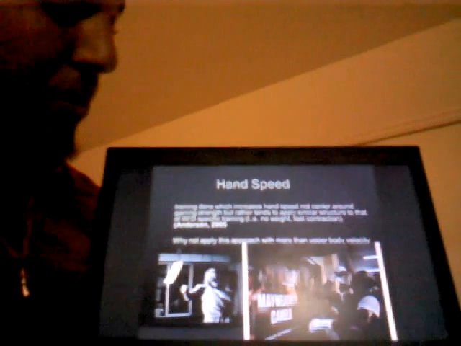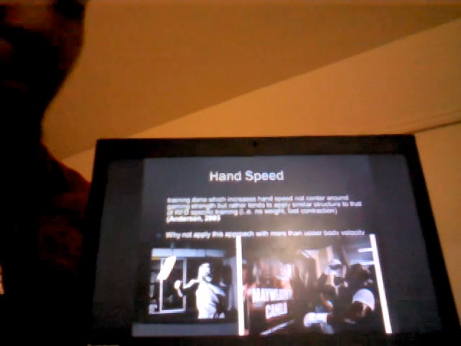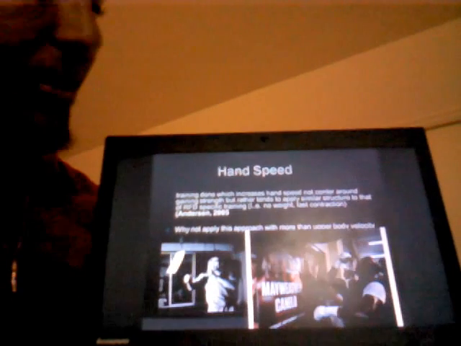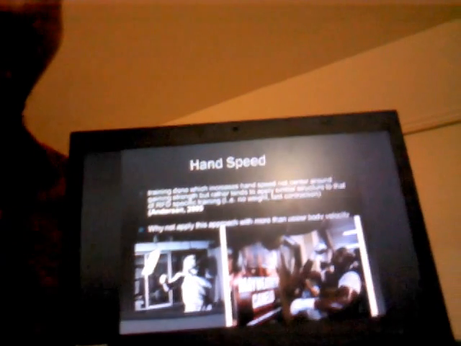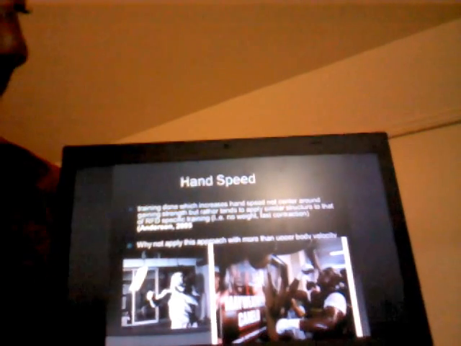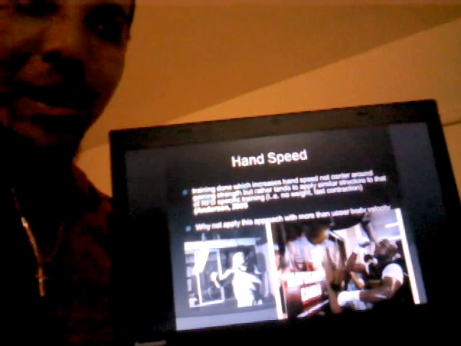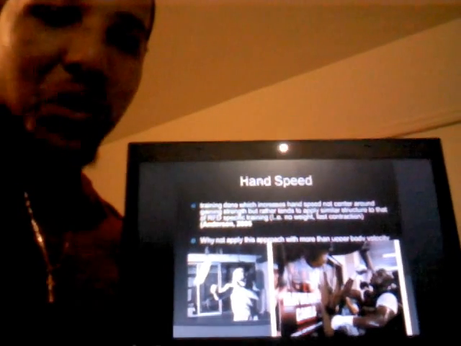But yeah, the rate at which they're able to contract the muscles involved in that movement is highly impressive. But the reason this relates to my study is because I came to realize these guys are training their ability to punch with a lot of velocity by doing fast movements with no added weight, no load, on their arms.